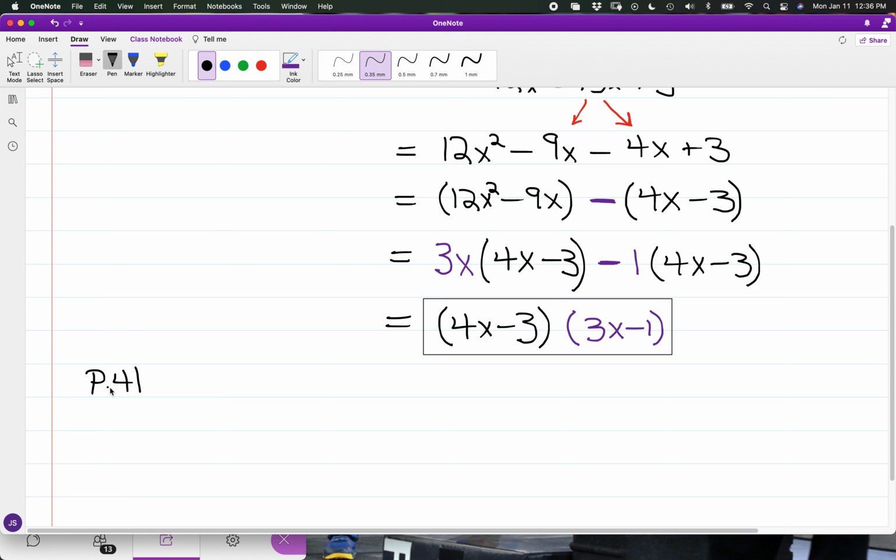And so for number 77, we have 4 terms: 8ax plus 18a plus 20x plus 45.